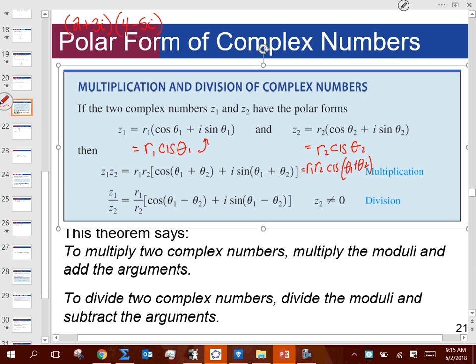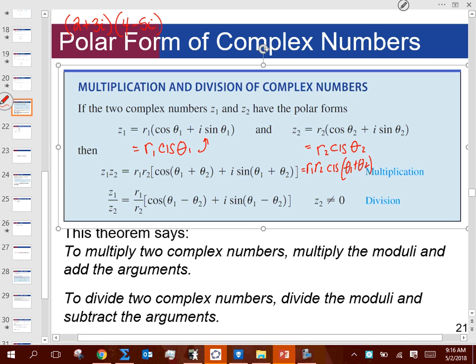Okay. If they want me to rewrite it in rectangular form, then I'm probably going to expand it to the cosine of theta 1 plus theta 2 plus i sine of theta 1 plus theta 2 and evaluate that way. If we want to multiply two complex numbers in polar form, you just multiply the moduli and you add the arguments.